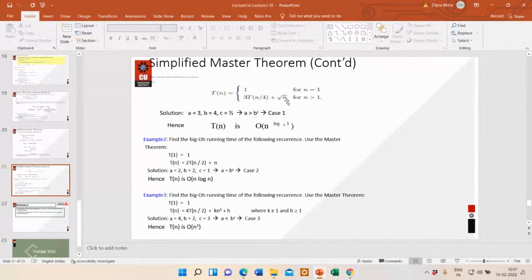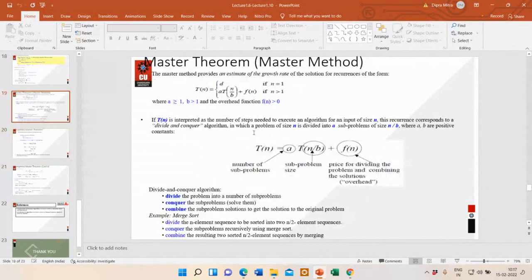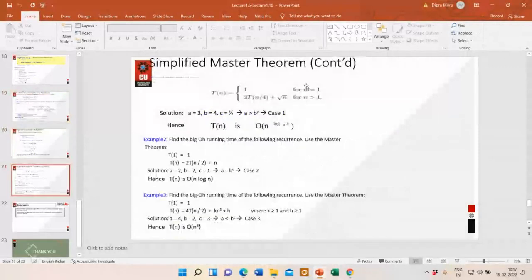And plus n to the power half, so c equals half. I am just comparing this equation with that equation to get these values. Is it clear or not? Not clear, sir.